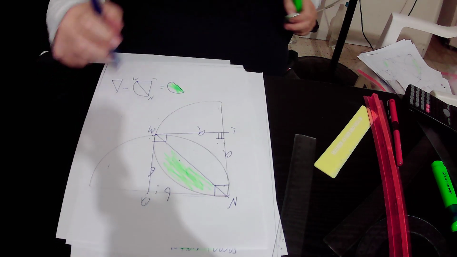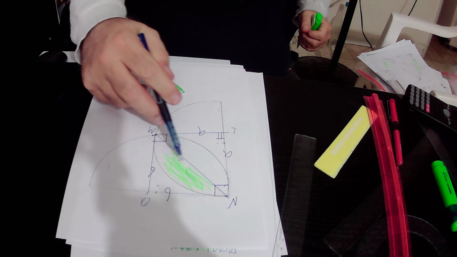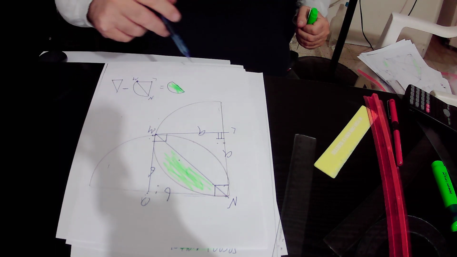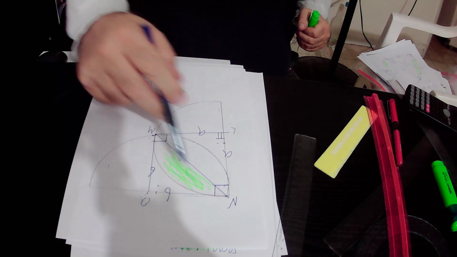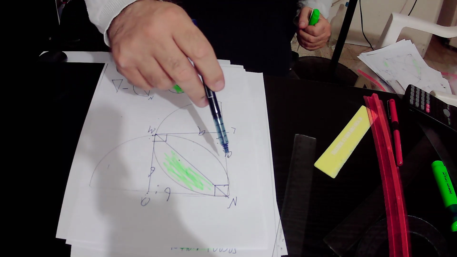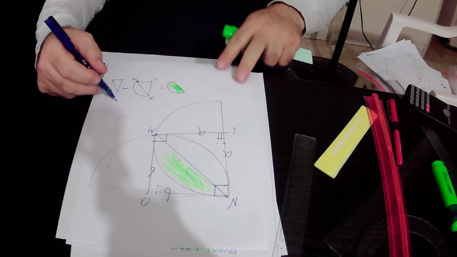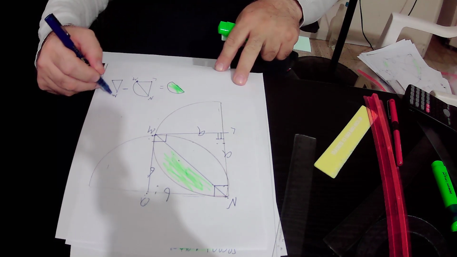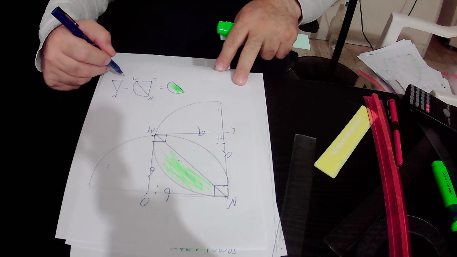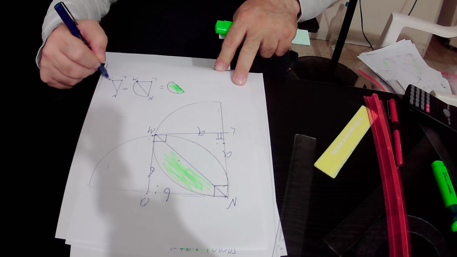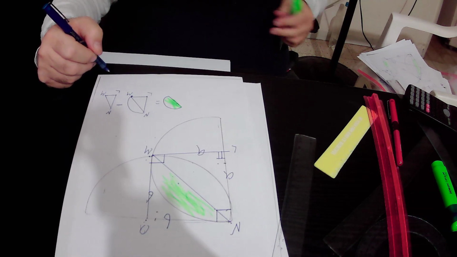Repeat again. The area of this green circular segment equals the area of sector NLM minus the area of triangle NLM. This is the right triangle, triangle NLM.